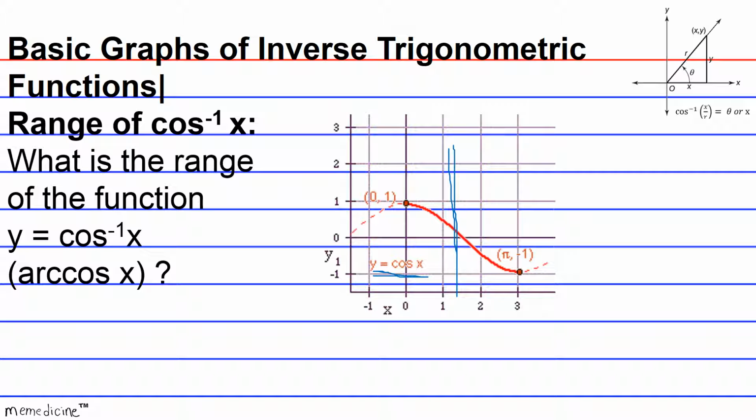It passes the vertical line test, meaning a vertical line slices it once along its entire domain. But it's not a one-to-one function, it's a one-to-many function, as I demonstrated by showing you that different angles in different quadrants can have the same cosine value.